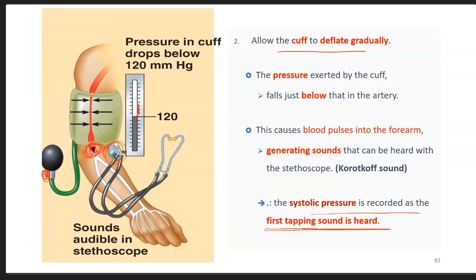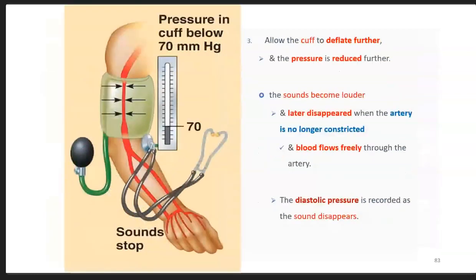Where do you hear the first sound, at which reading? It should be around 120. That is the systolic pressure. Then you let the air be released from the cuff, the pressure will be released, and the blood will flow as usual.